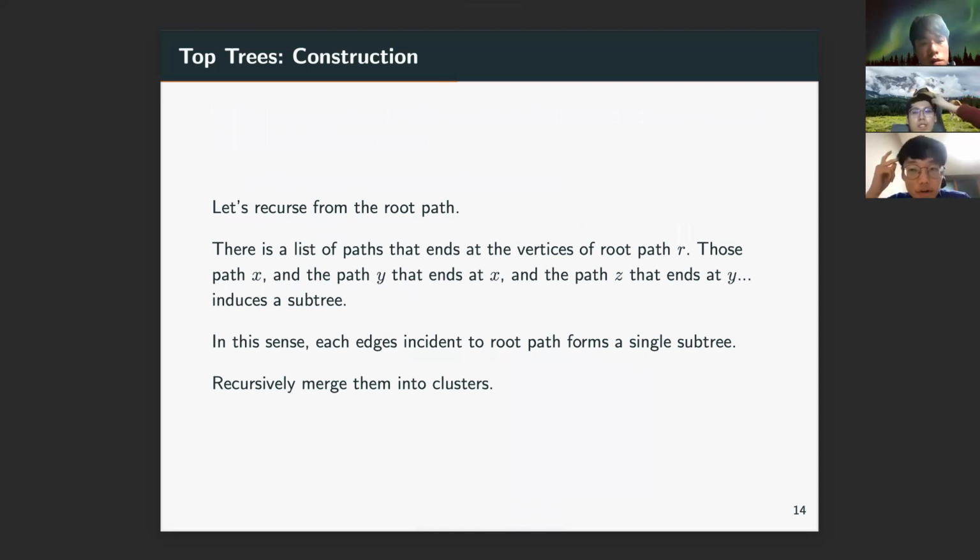So let's recurse from the root path. If you recurse from the root path, there is a list of paths that end at vertices of the root path, the ones that are colliding with the current path, and they induce a subtree.